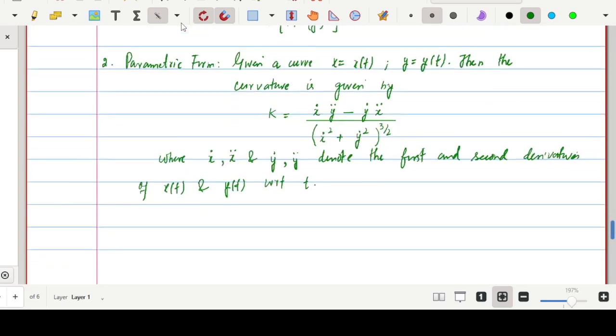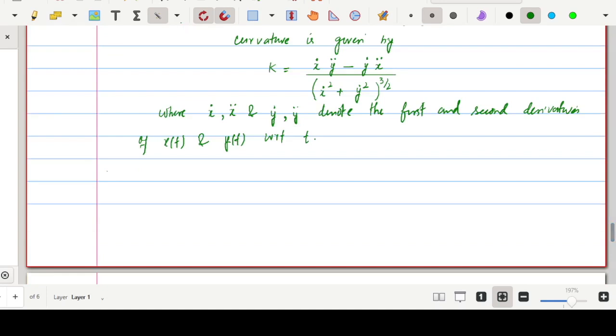Now before moving towards the example, we shall also mention the formula when we have the curve in the polar form. Now given a curve, suppose r is equal to f of theta in polar form. So this is the polar representation of a curve.